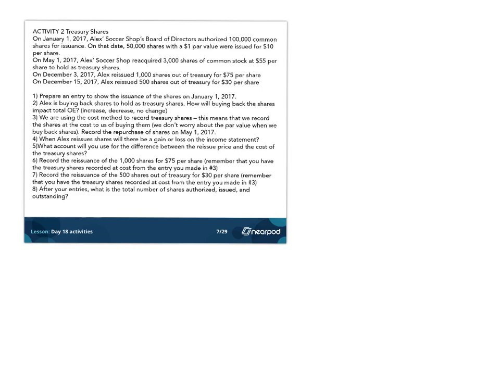All right, so the first entry said to prepare the entry to show the issuance of the shares. So my entry number 1 is going to be the one from last class, so you know this.